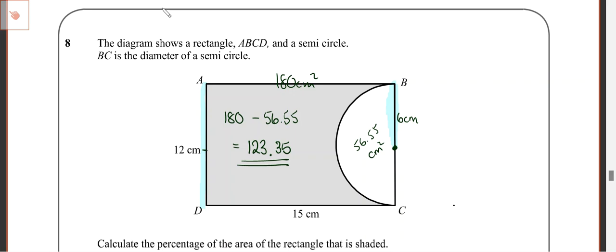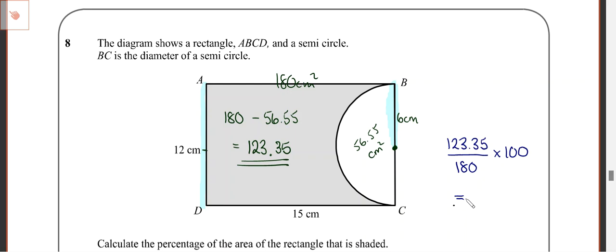So just as a recap, a percentage is a fraction that you then multiply by 100. It's the percentage of the area of the rectangle that is shaded. So how much is shaded? 123.45 out of 180. Times that by 100 to give me the percentage.